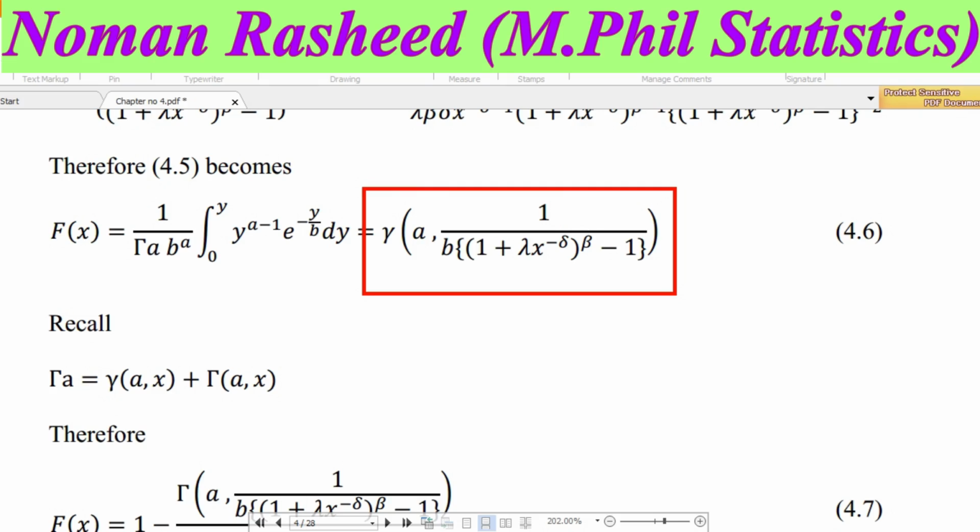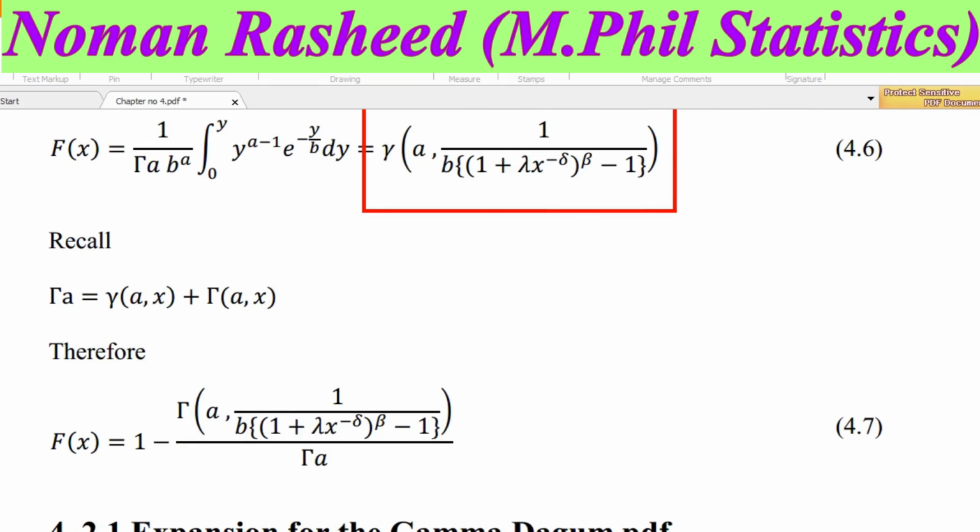You can easily obtain the gamma, lower gamma and upper gamma by dividing both sides. So we can use the upper gamma of the distribution in 4.6, because the lower gamma is difficult to solve and some software is difficult to use for this purpose.